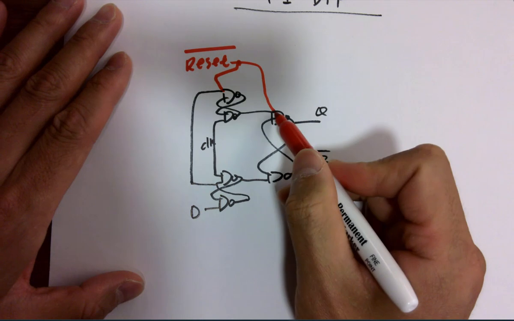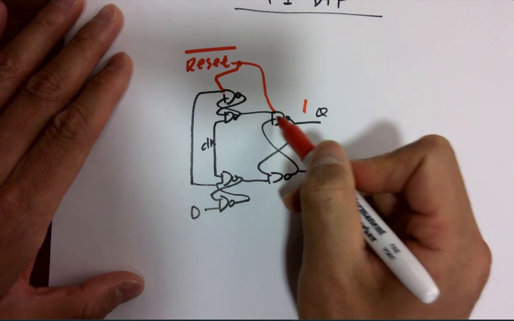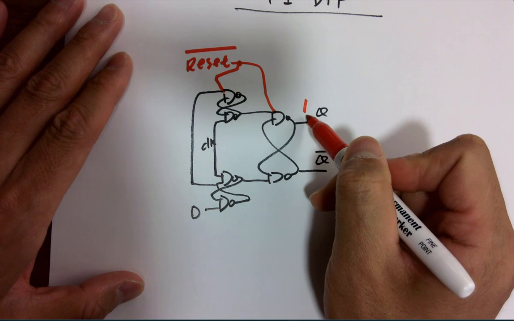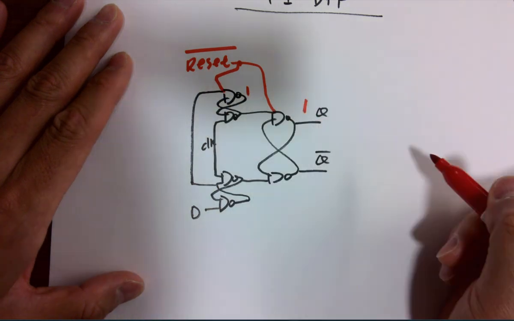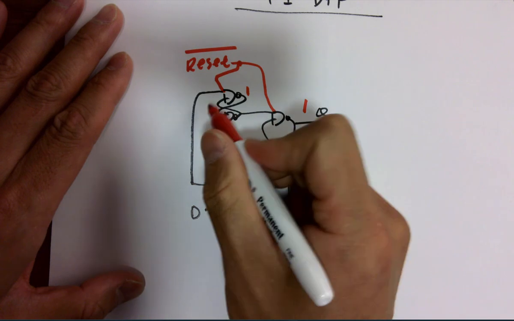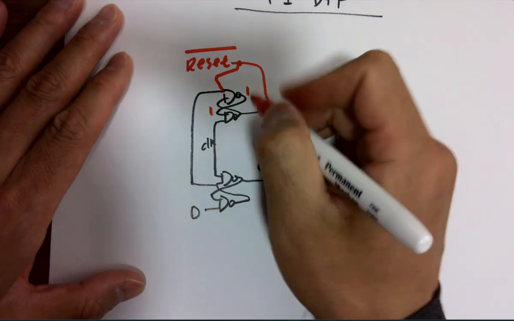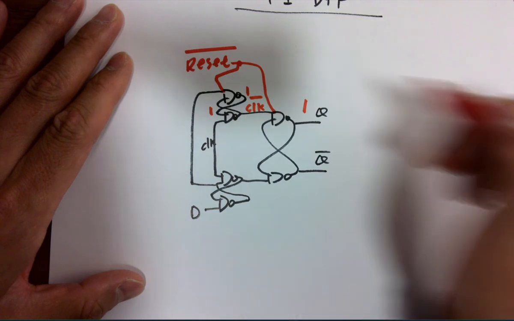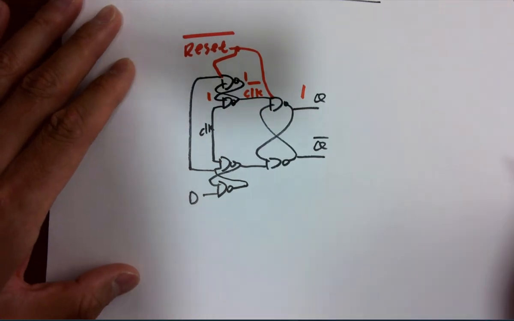If you're putting it here, this is definitely being put into a 1, because 0 will kill this NAND gate and put a 1 here, right? And this one here as well. 1 and 1 NAND clock is clock not. Okay, and 1 will be put here.